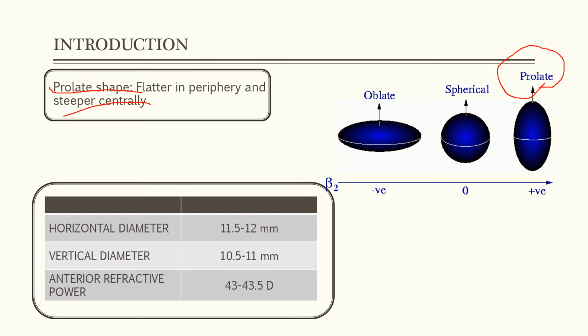The horizontal diameter of the cornea is about 11.5 to 12 mm and is about 1 mm greater than the vertical diameter. So the vertical diameter is about 10.5 to 11 mm. The anterior refractive power of the cornea is about 43 to 43.5 diopter. And as I have already said, it is about two-thirds of the total refractive power of the eye.